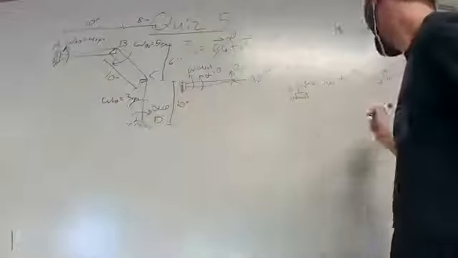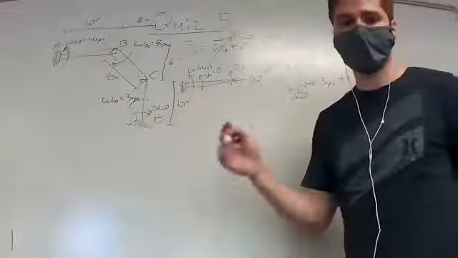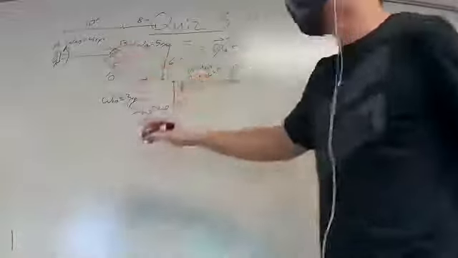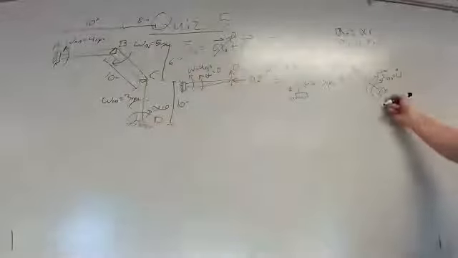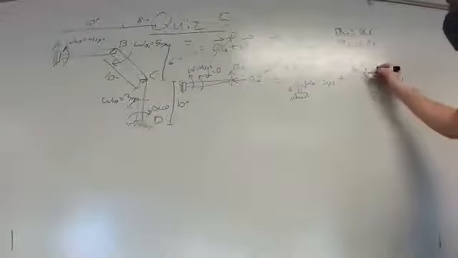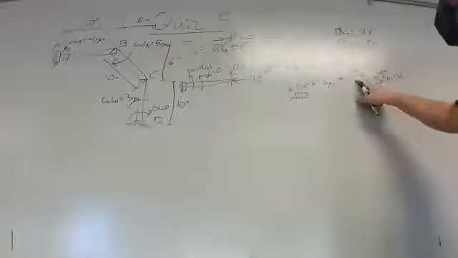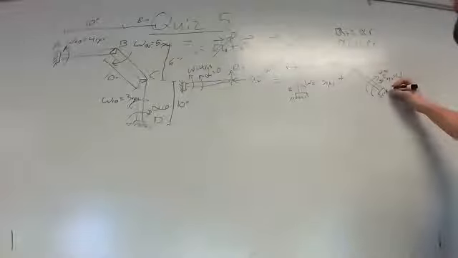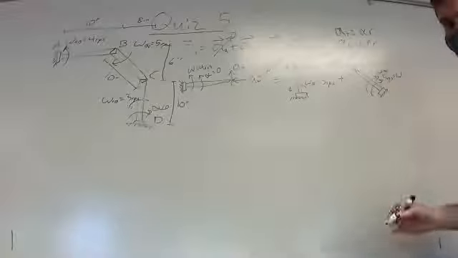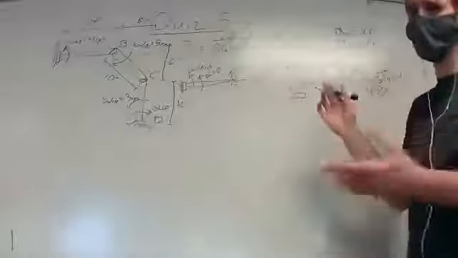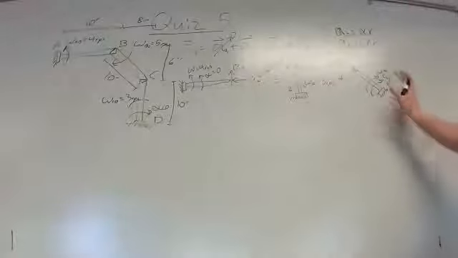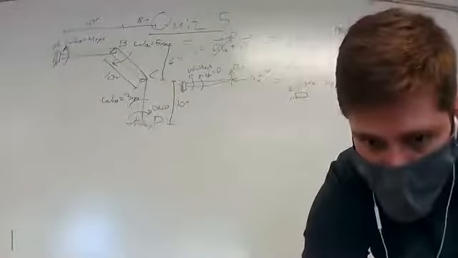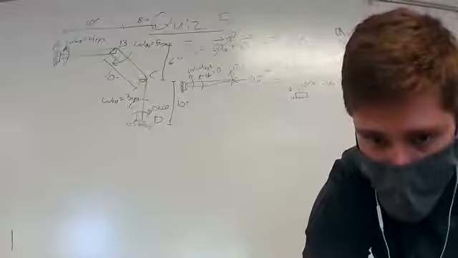But the given value for omega BC is 5 radians per second. Even though this is technically clockwise, you would want it to be relative to your fixed portion. So you would draw it like this, but this is the more correct way.